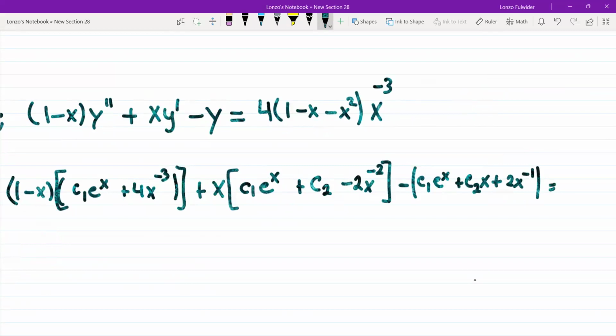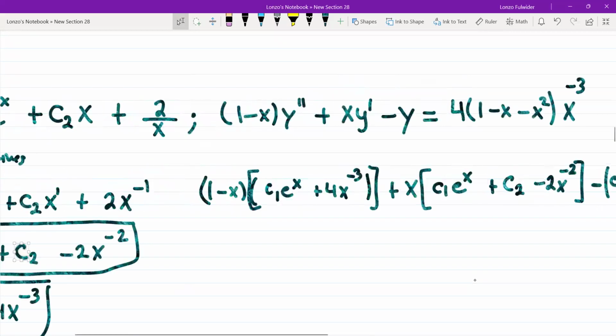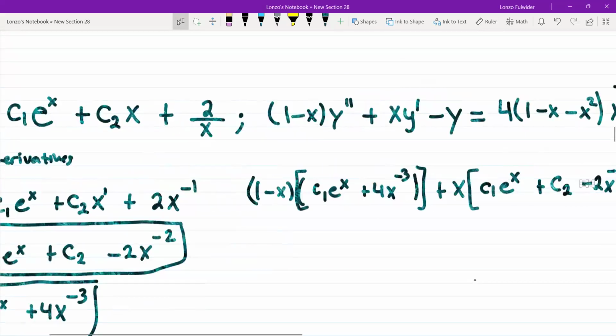Equals 4 times 1 minus x squared times x to the negative 3. Okay, so all we have to do is clean this up, and then once the left equals the right, you verified it, right?